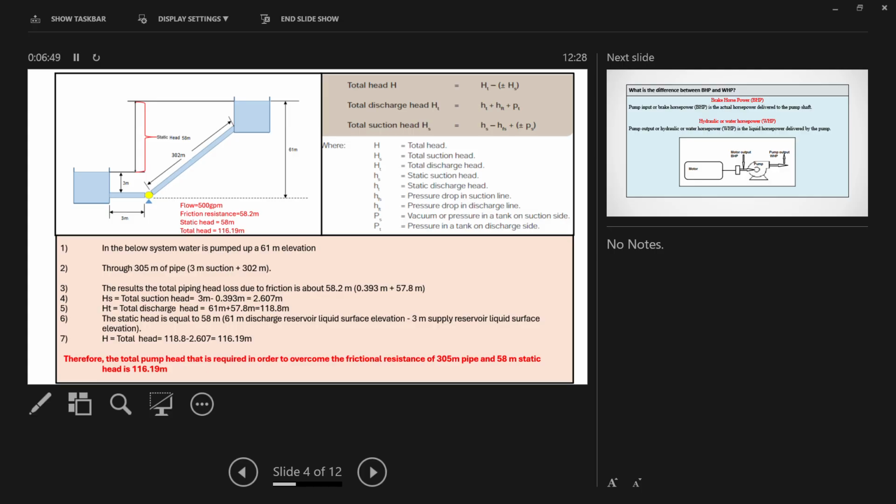When the flow takes place from the pump discharge to the reservoir tank, there will be a frictional pressure drop. That is how much? Now 57.8. 58.2 is the total pressure drop from the suction reservoir to the discharge reservoir. Here the 57.8 is the pressure drop from the pump center line to the discharge reservoir.